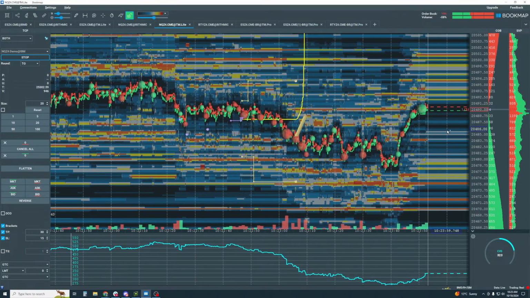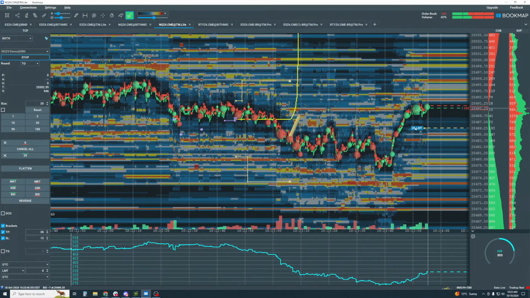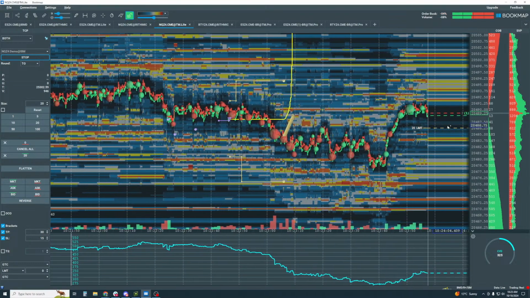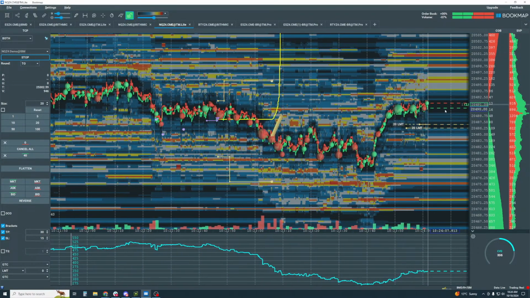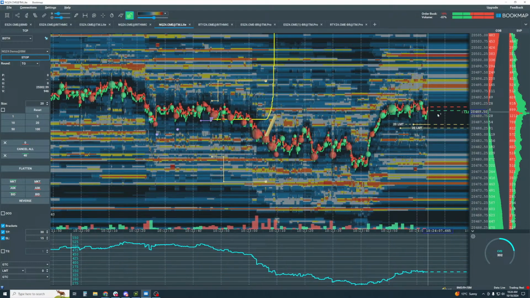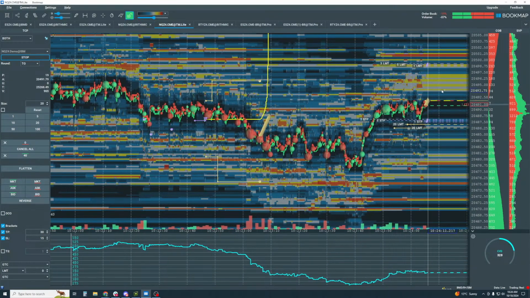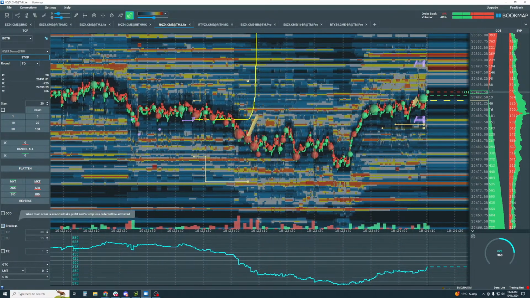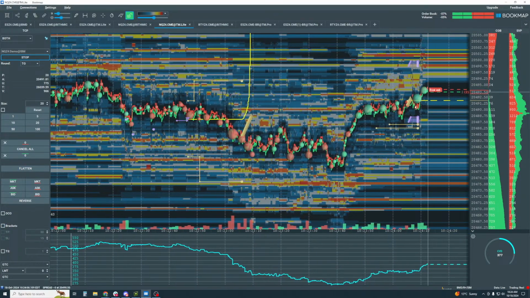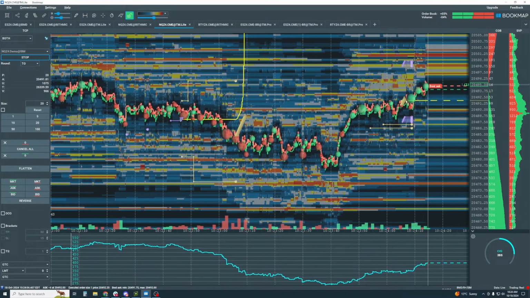Maybe I'll be a buyer here, limit buy, for 20, maybe 40. And then suppose I want to be a buyer here. Well, I can do a market there. Actually, let me cancel all the open orders, and let's not use brackets just for this case. You can even see with 20 lots I got slipped there.